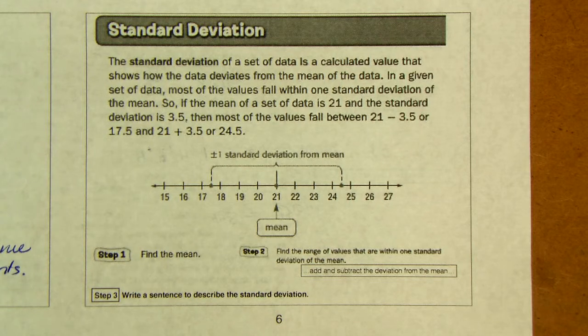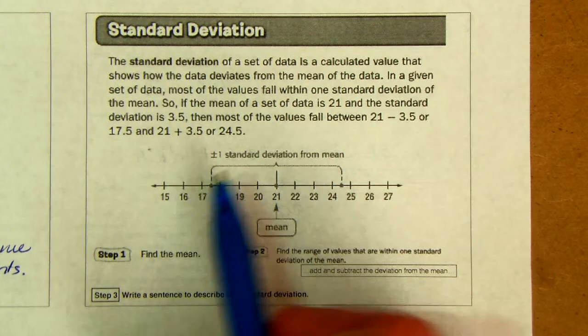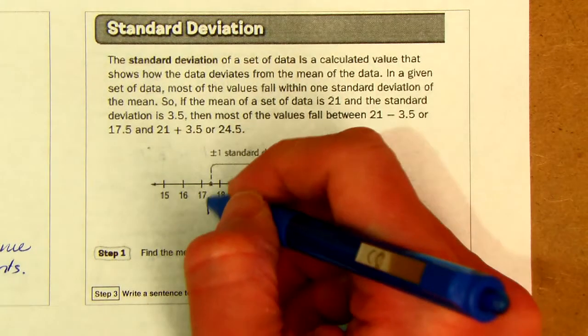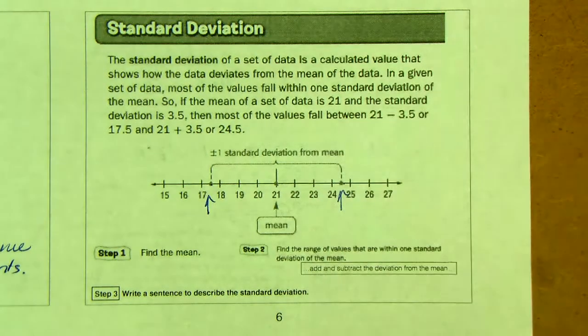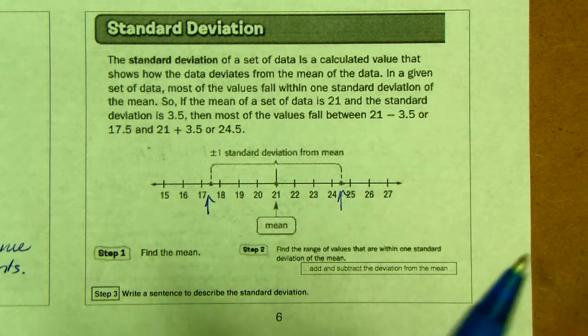So you'll find the mean, and all you will do is take the standard deviation and subtract it from the mean, and add it to the mean, and those are the values you will get. And then you will say that all the values between this one and this one are within one standard deviation from the mean, because that's either one standard deviation below or one standard deviation above.